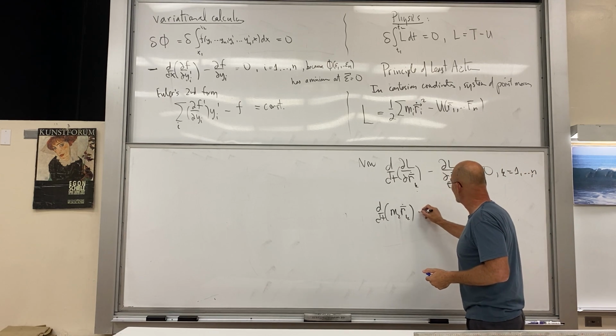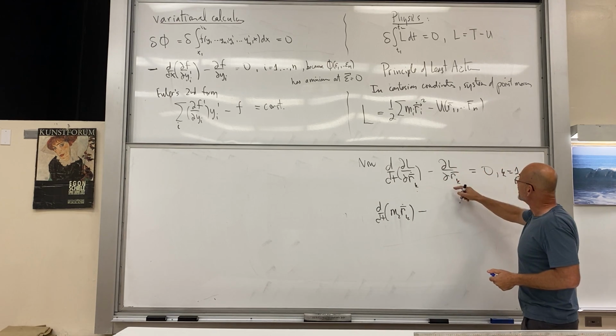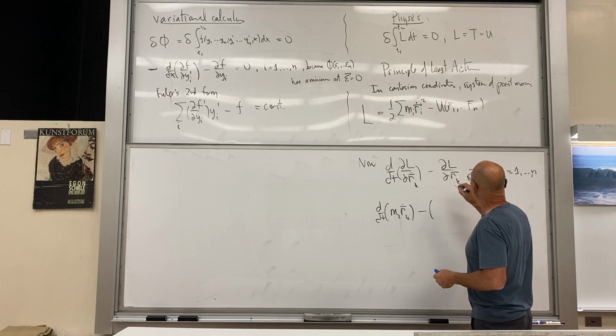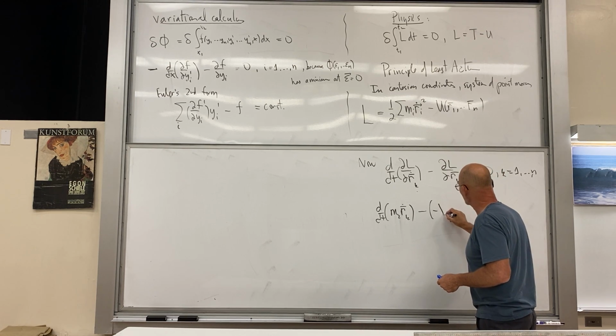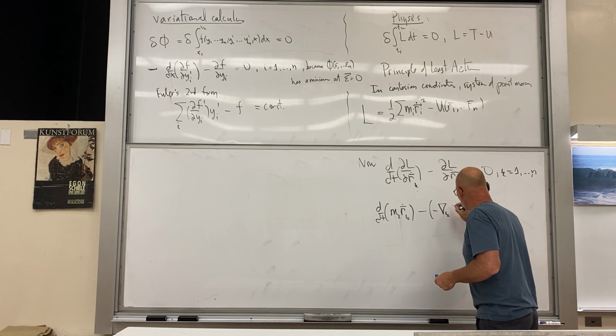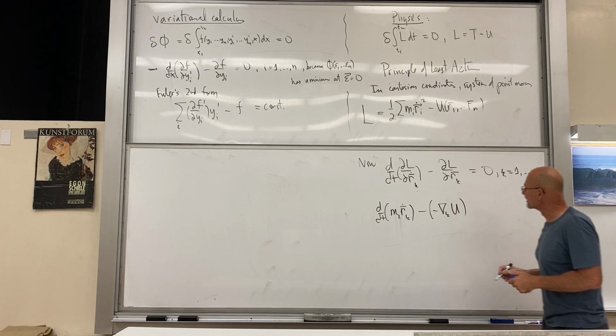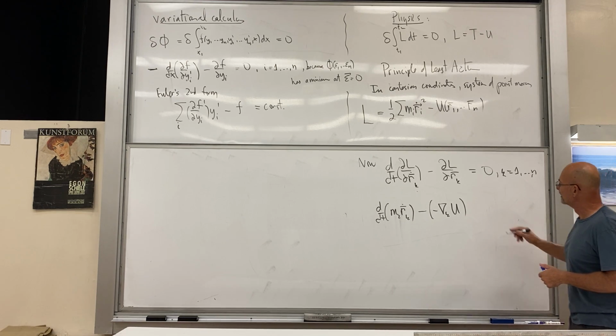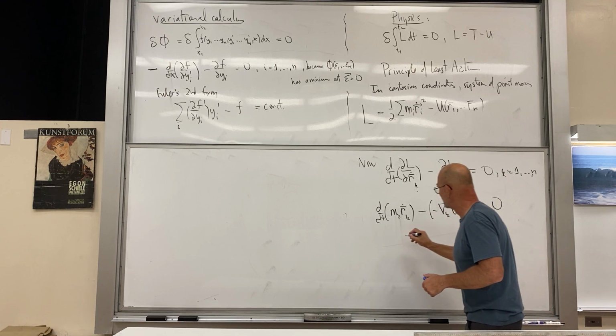And then minus. So partial L partial r sub k is negative gradient sub k of U, equals 0.